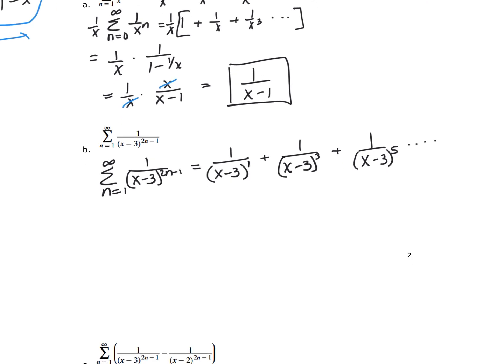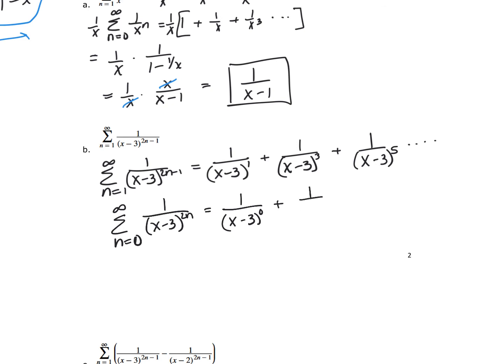Well, what does it do to my terms here? n equals 1 to infinity. If I have 1 over x minus 3 raised to the 2n, what does that do? Well, I'm going to start this at 0. This is going to give me 1 over x minus 3 raised to the 0. That didn't help.